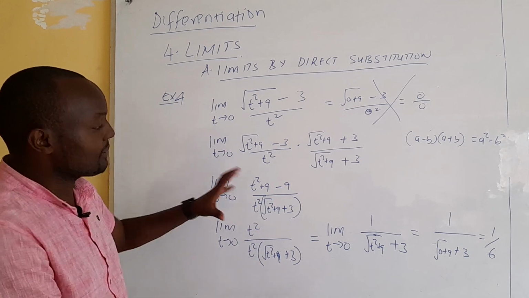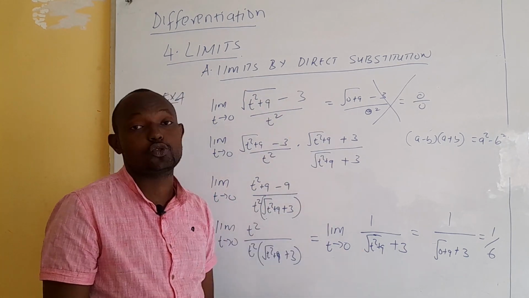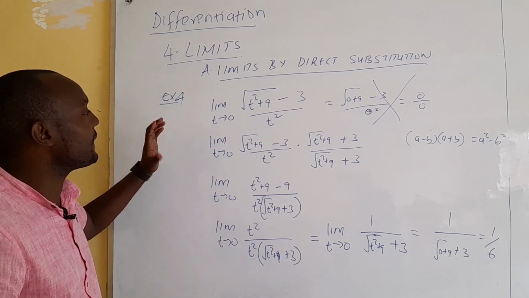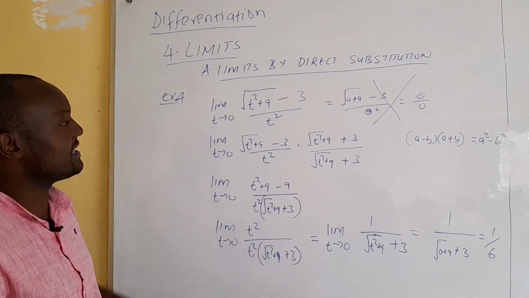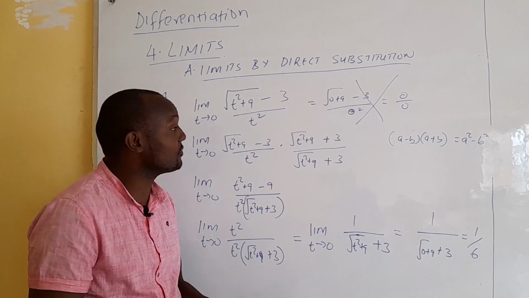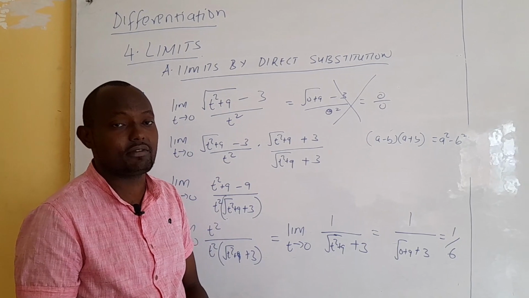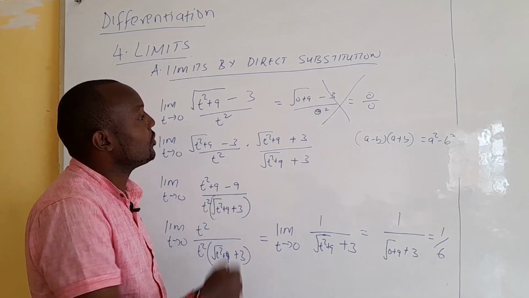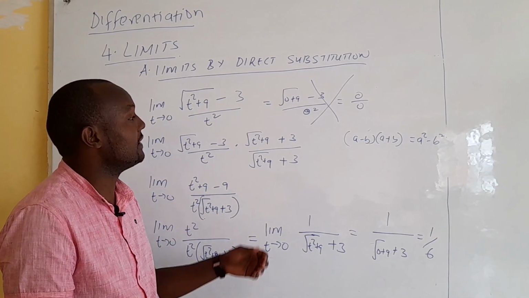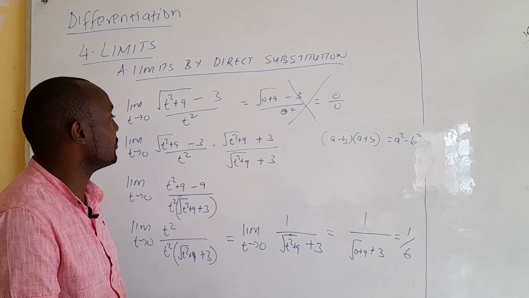So in that case, now we can use direct substitution to solve our limits. So you find that in some cases, you need to do some operations first so that you can apply direct substitution. Not every limit can be solved by direct substitution right away, because sometimes you need to do some operations.